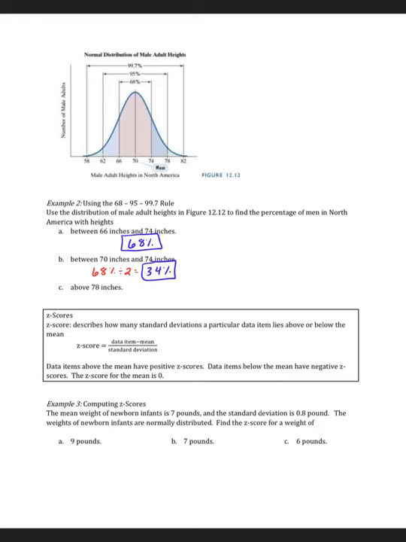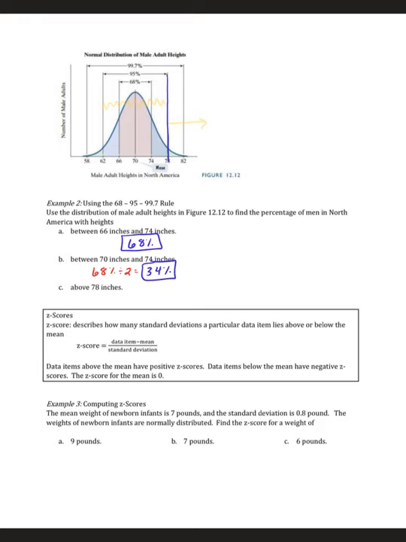Above 78. So we want to figure out, okay, how many people have a height above 78? So we're looking at from here and everything to the right of it. There's a couple ways you can look at it. Well, one way we can do it is if we look on the other way, we see that 95% would be from here to here.